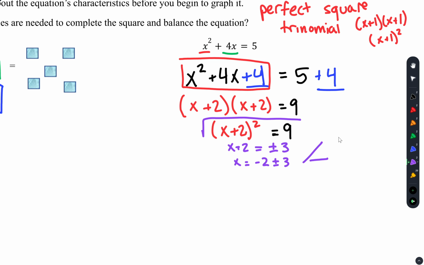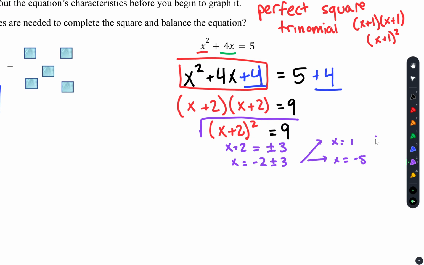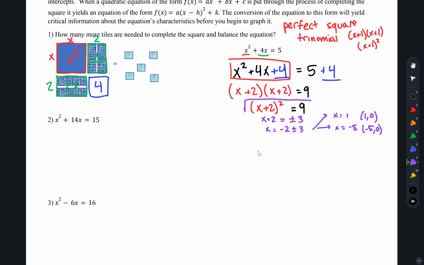And I have two solutions. X equals 1 and x equals negative 5. Written as coordinate pairs: (1, 0) and (negative 5, 0). Kind of weird. Are we okay with that right now?